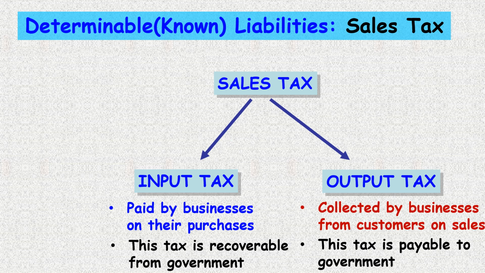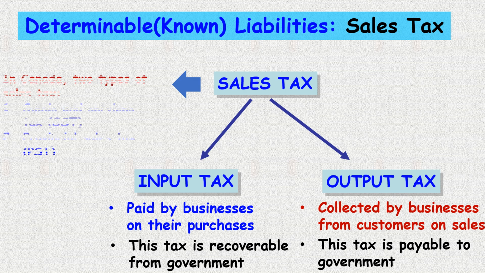That is, the business will collect this tax from the customer and will hand it over to the government. The business acts like an agent of the government, gets the taxes from the customer, and passes it to the government at regular intervals. Now that could be monthly, quarterly, or even in some cases on an annual basis.